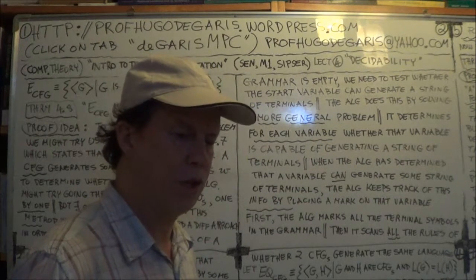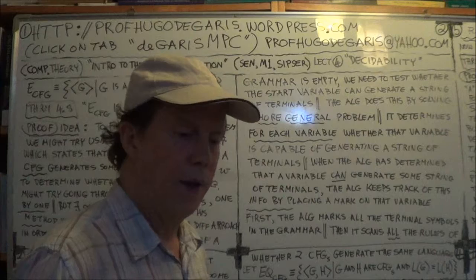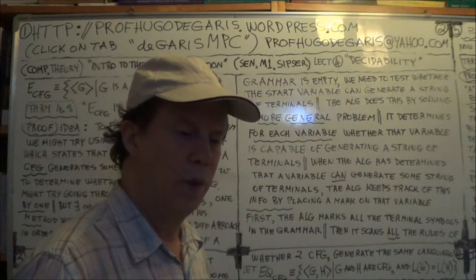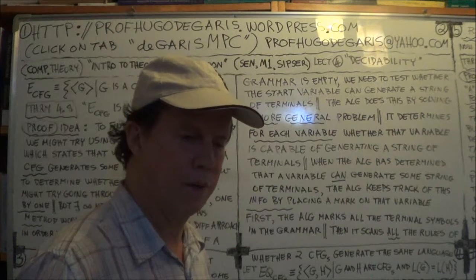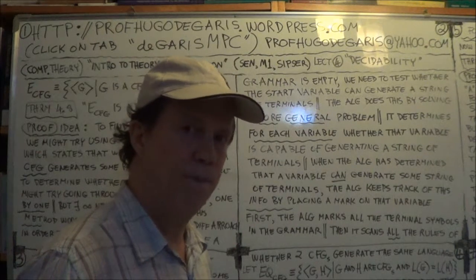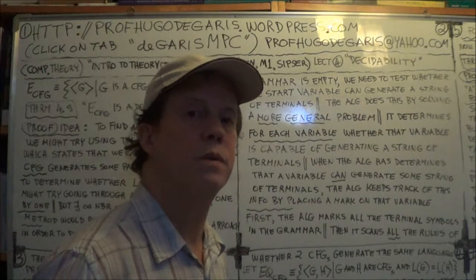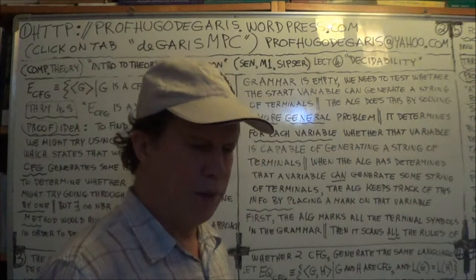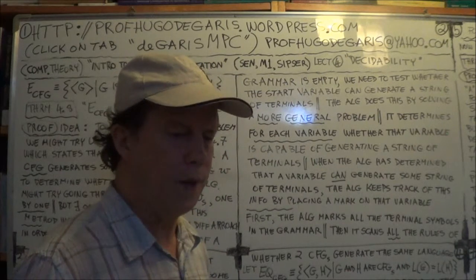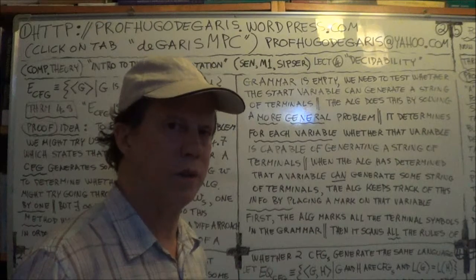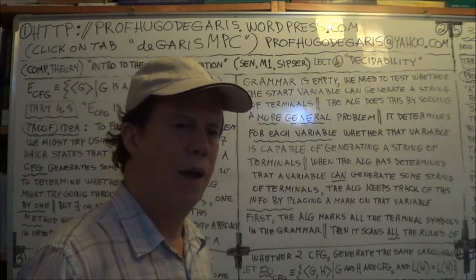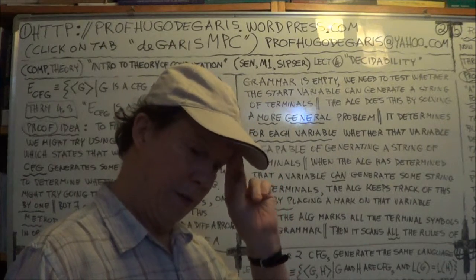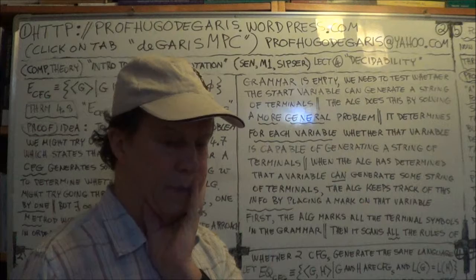You put that grammar G into the algorithm, and that algorithm then will test whether that grammar G generates 0 strings. Okay. Now, how can it be that a grammar does not generate a string? It generates 0 strings. What sort of circumstances would have to happen for a grammar to not generate any string at all?